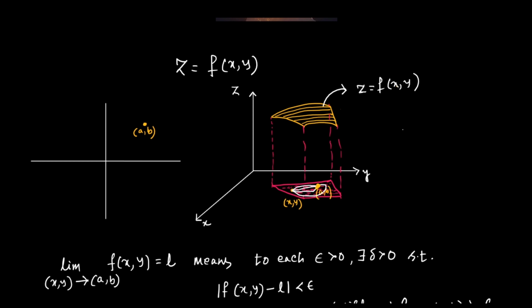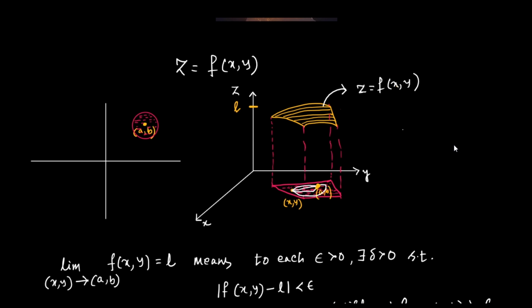Let us consider a circular neighborhood centered at this point (a, b). And let this be my value L.